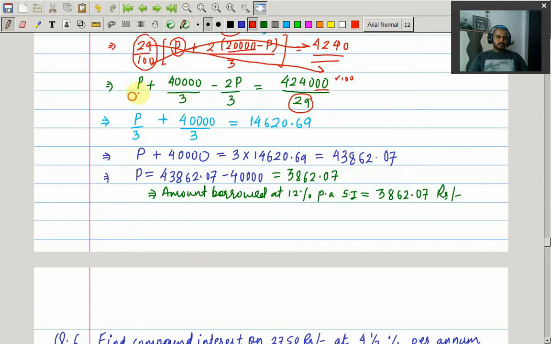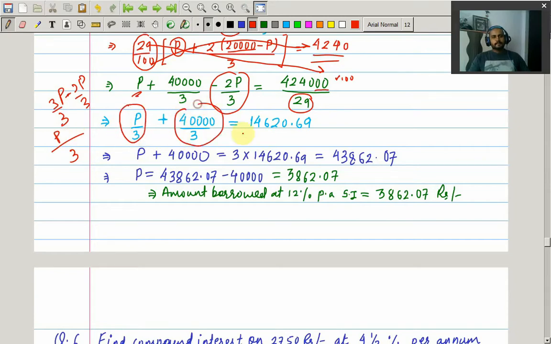So P minus 2P by 3, you can take LCM: P minus 2P by 3, 3 by 3. So LCM is same now, 3P minus 2P is 1P, so P by 3. This thing is as it is. Divide this quantity by 29, you will get this.